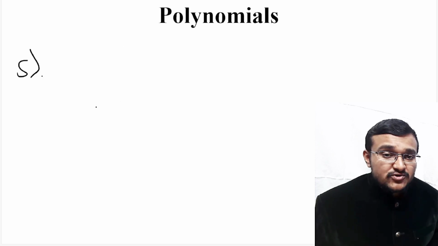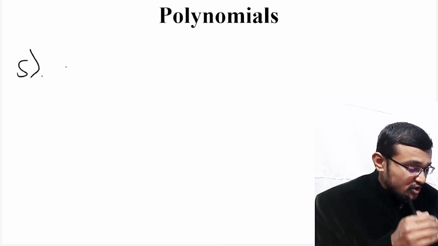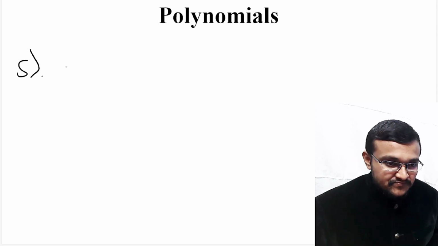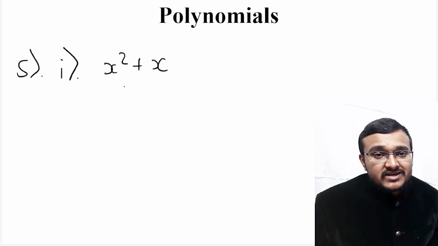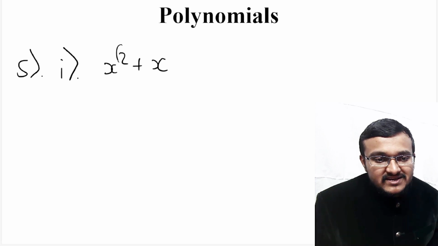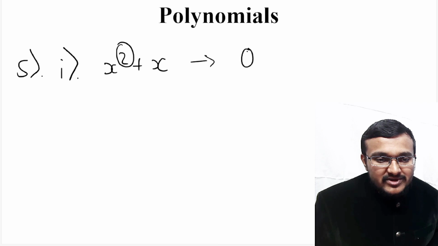Coming to the fifth question, here you have to say whether the given polynomials are linear, quadratic or cubic. Now coming to the first polynomial in the fifth question, here you have x square plus x. Clearly you can see that the highest degree of this polynomial is equal to 2. So this polynomial is a quadratic polynomial.